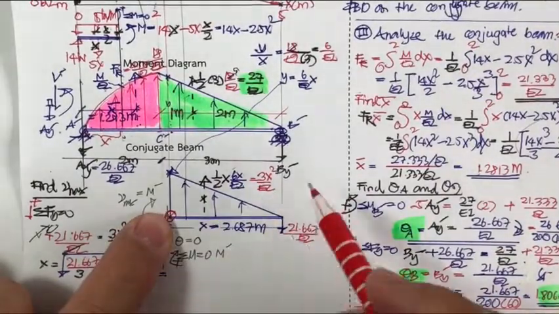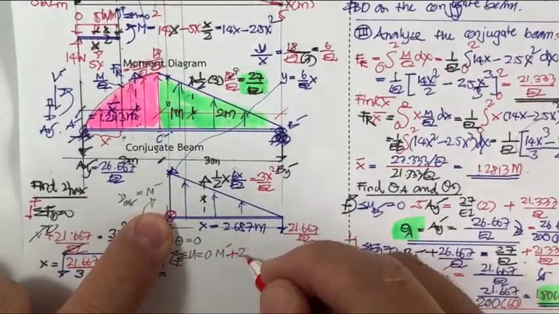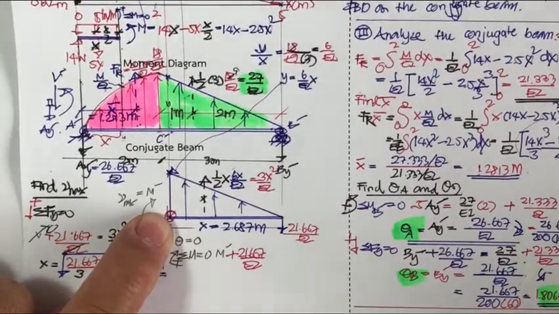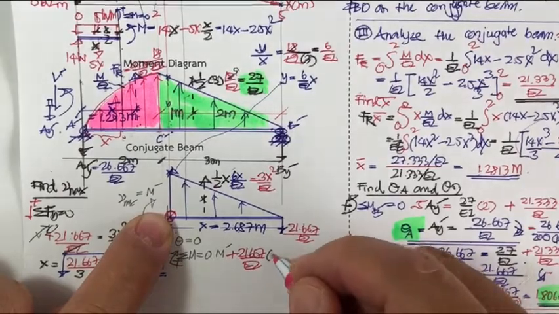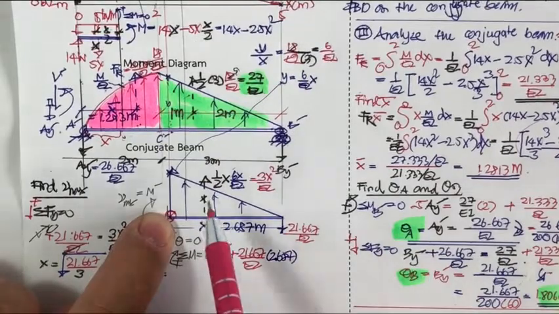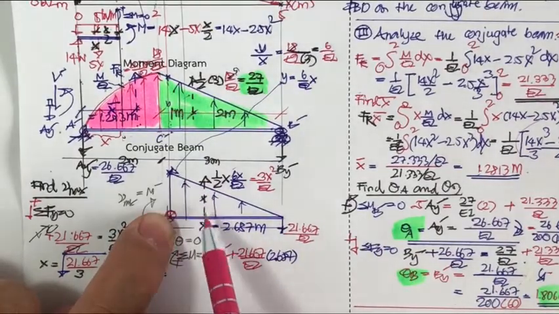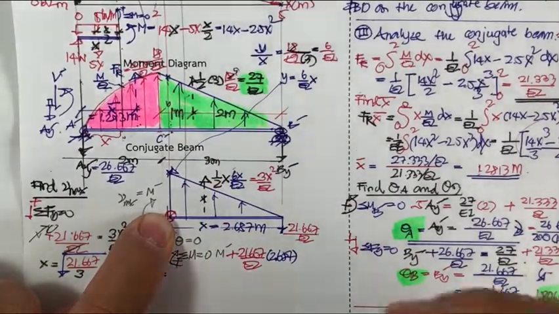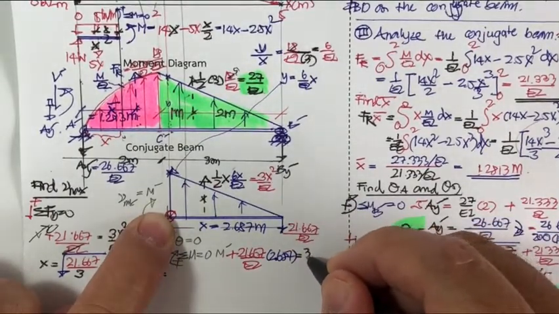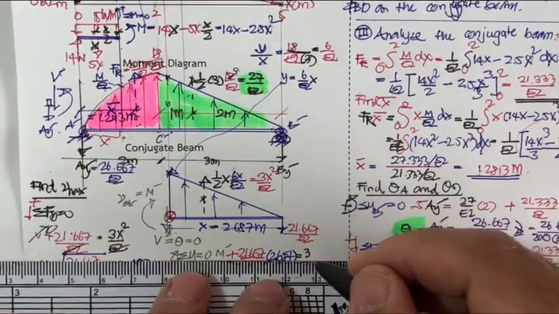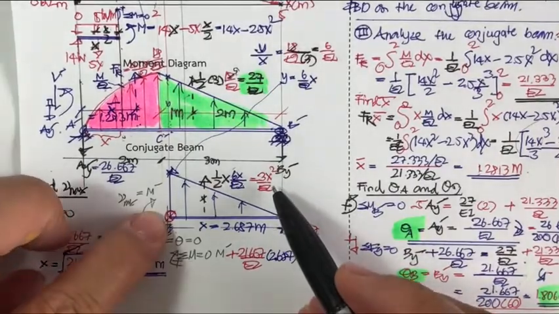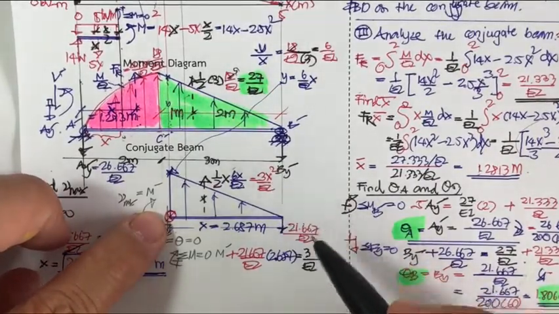This one is up, so it's going to be plus 21.667 divided by EI times this x, 2.687. And this one is going to rotate in the opposite direction, so equal to 3 divided by EI, and then it's going to be times 2.687.